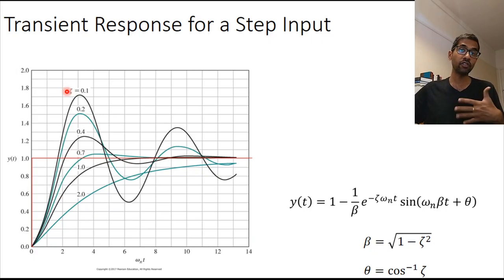And if the damping ratio of our system is less than 1, you have this oscillatory behavior. But if the damping ratio is greater than 1, you do not have any oscillations. And the response more or less looks like the first order response. It basically rises and settles down at the final steady state value of 1.